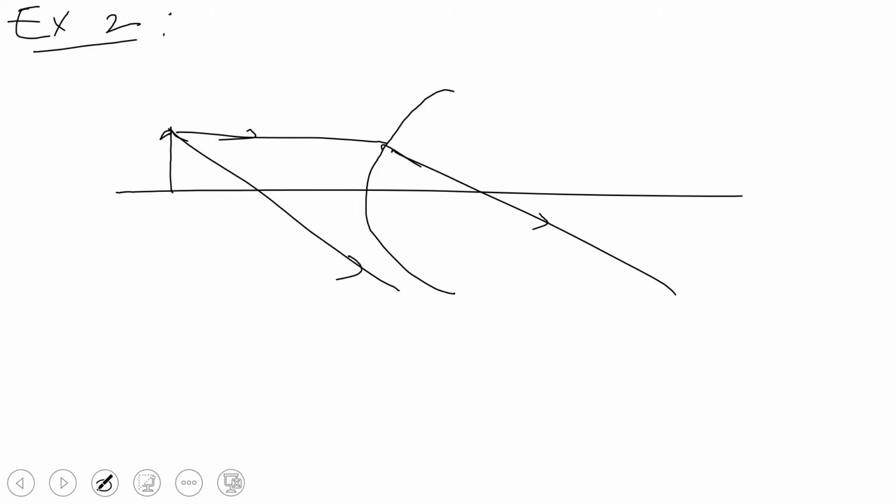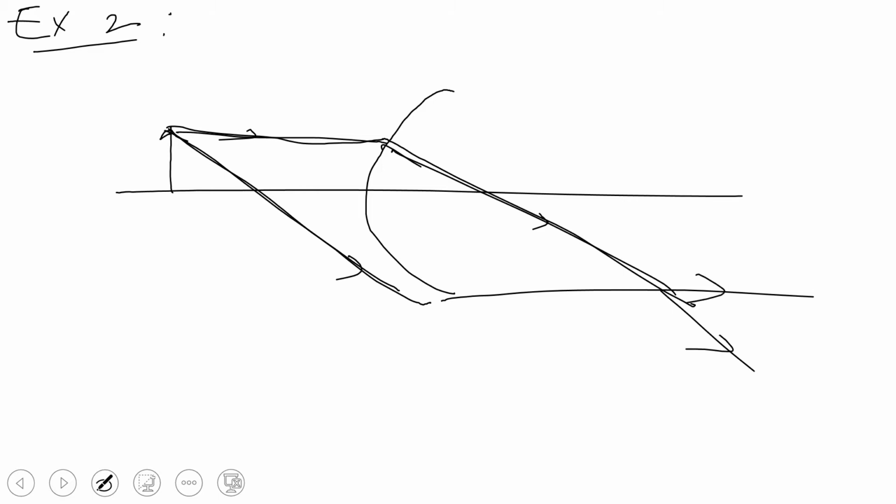This is going horizontally and then getting refracted. If a ray goes in at that angle, like the refracted angle, then it would go horizontally. So you would have these two rays intersect here. Now your image would form like this. So you would see an inverted image.